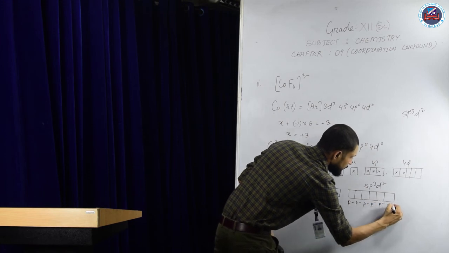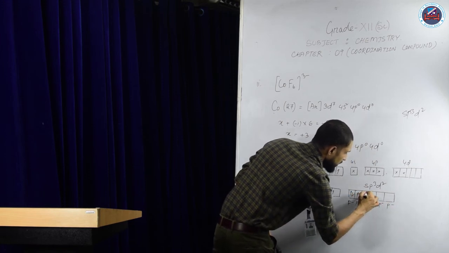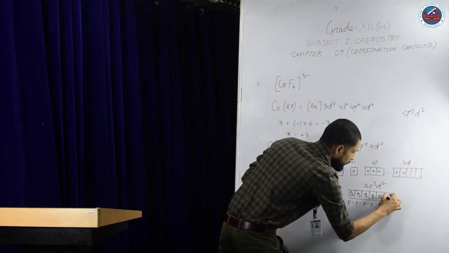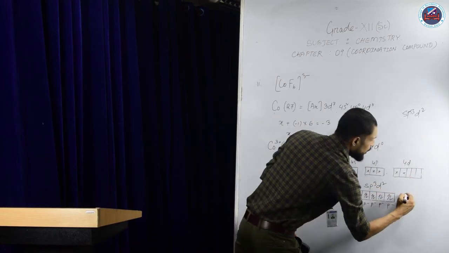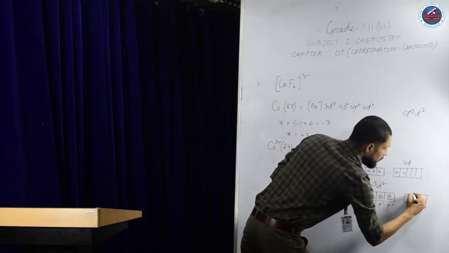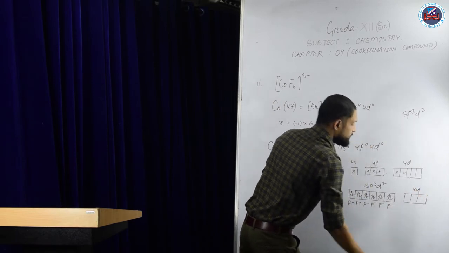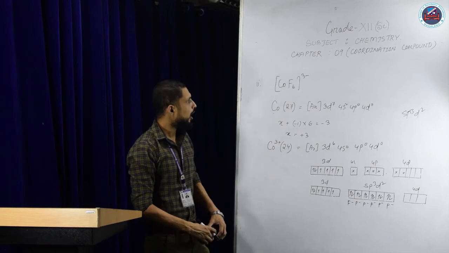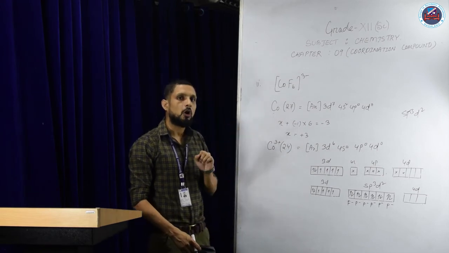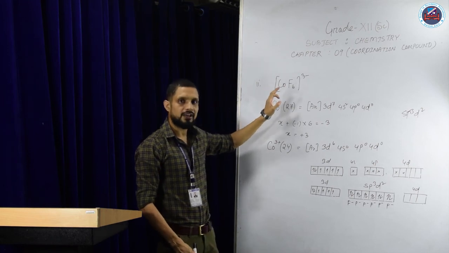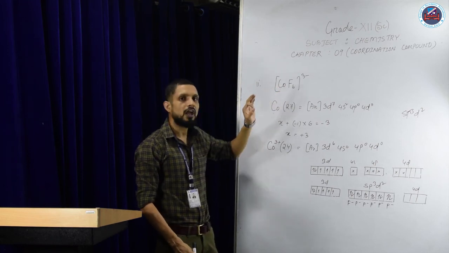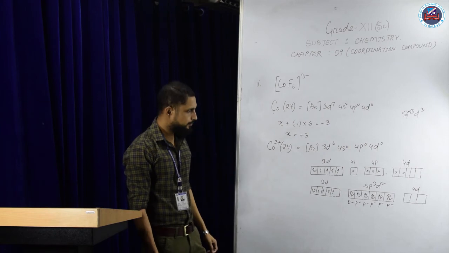So you have 6 F negative, so you'll get 6 pairs of electrons to form 6 coordinate bonds, and you'll have 3 unhybridized 4d orbitals. So this is how we approach valence bond theory for coordination number 6 with a weak field ligand.